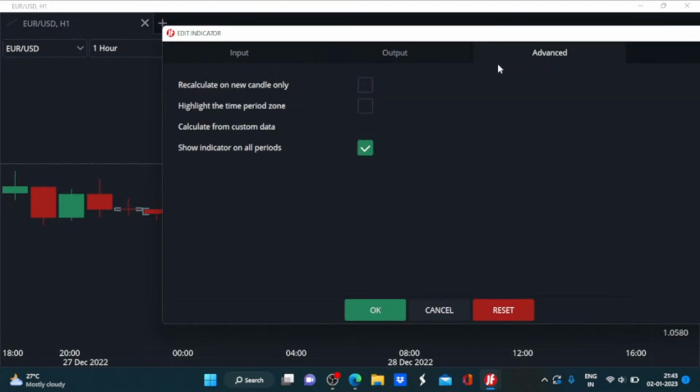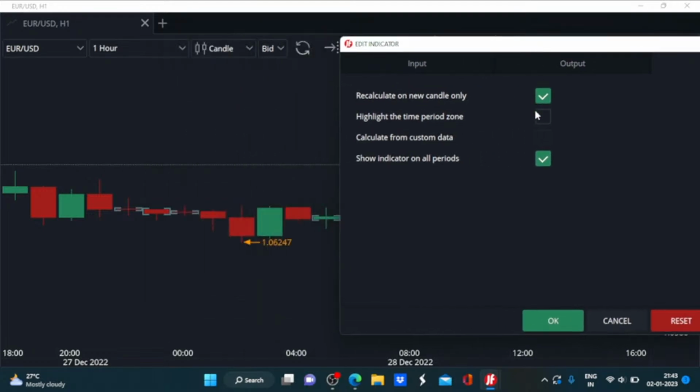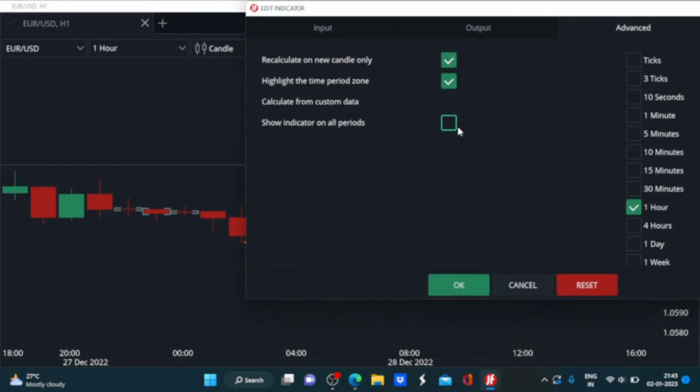The advanced editing option is also not going to have much of an impact. For highlighting the time period zone, only a single candle period is going to be highlighted. We can't really customize this. If you want the indicator to be available on all the candle periods, then you have to opt in for this option. Else, you have to look at which candle periods you want this formation to be available on, and the formation will be visible only on those time frames.